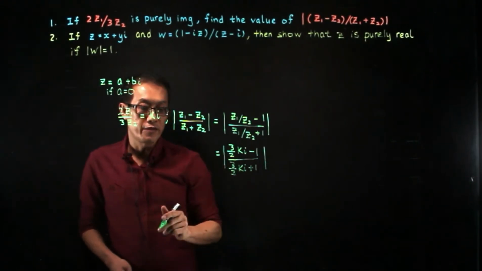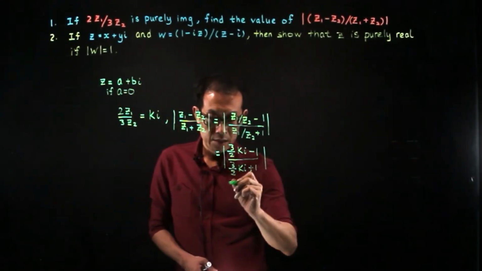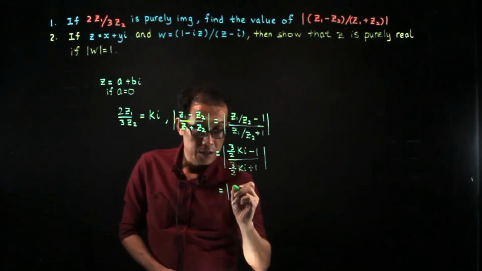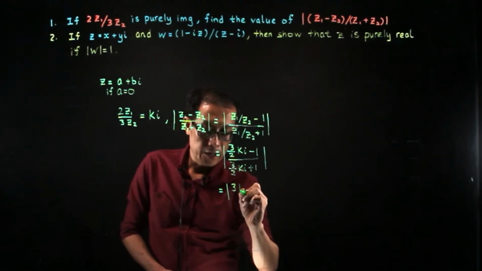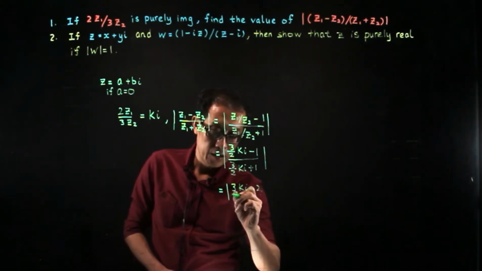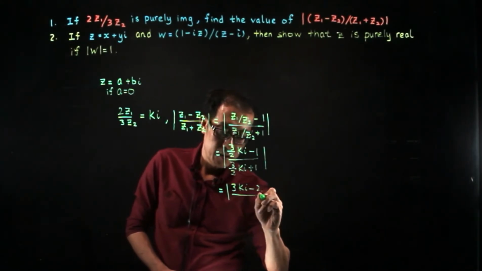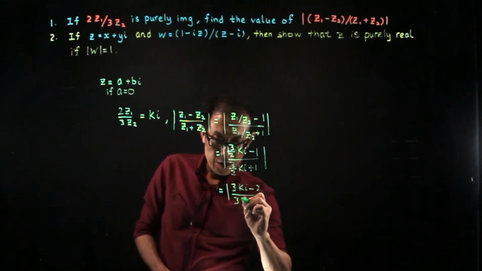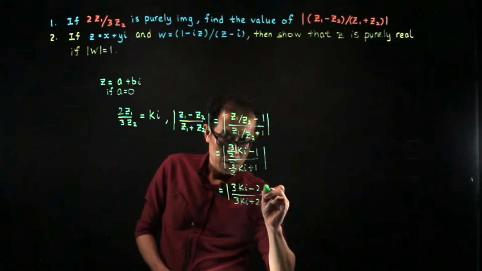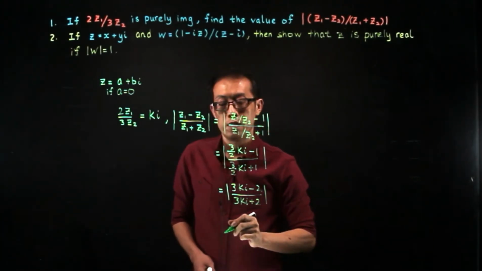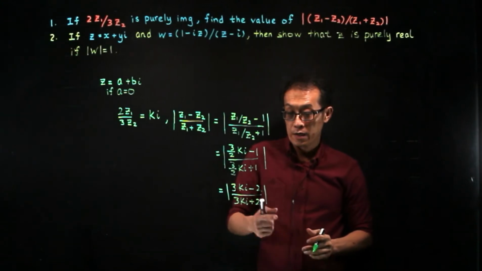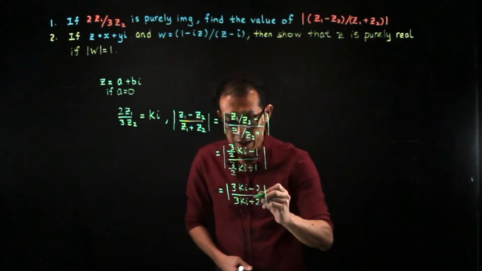Now we can simplify this expression. This becomes modulus of 3ki minus 2 over 3ki plus 2. Perhaps we can just rearrange this.